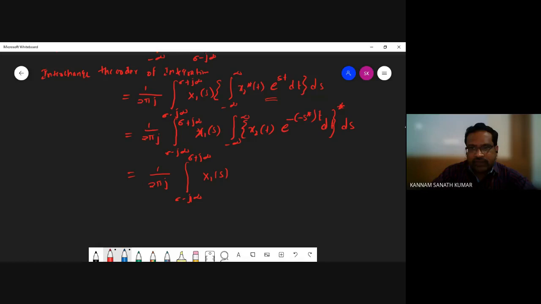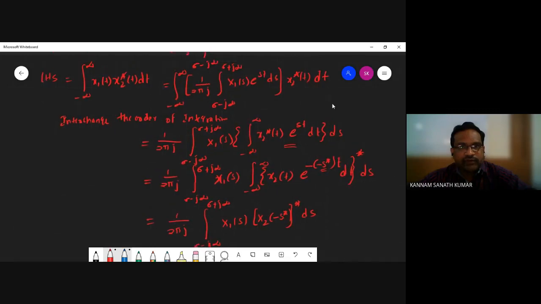So Laplace transform of x2 of minus s star. Okay, in terms of here whatever the value is there, that will come into the bracket, again whole complement, into ds. So this is equal to 1 by 2 pi j. So you got the same value, no?